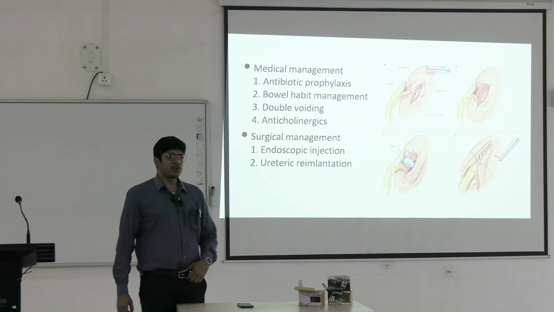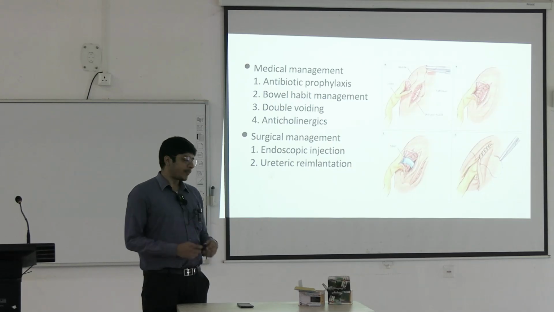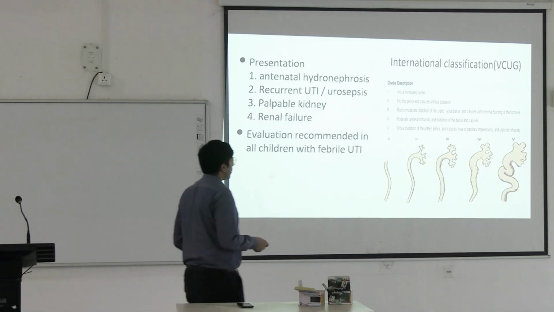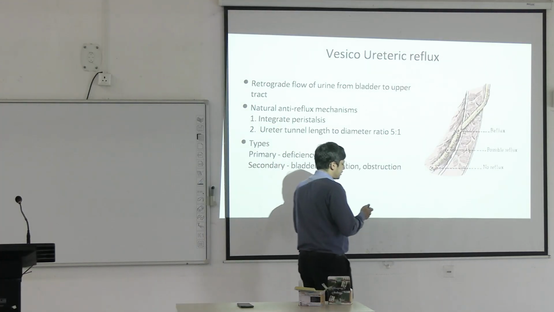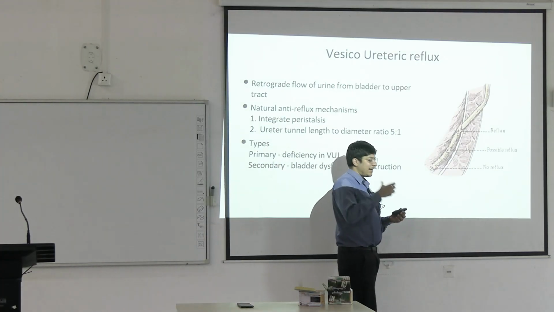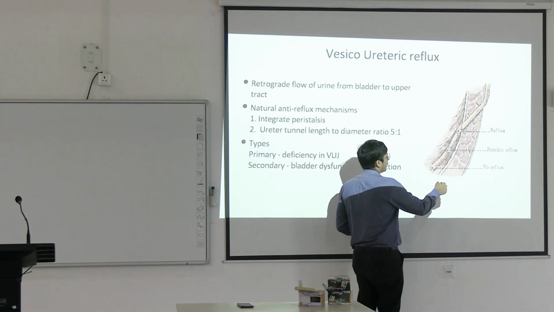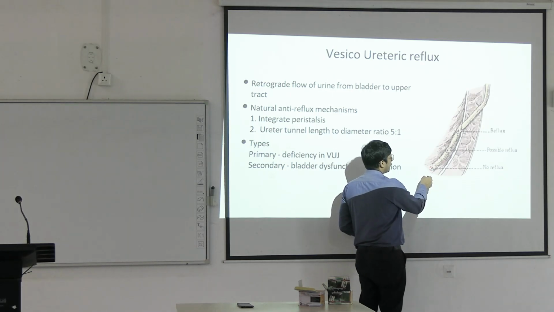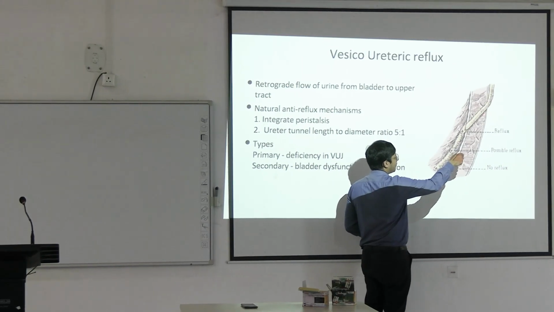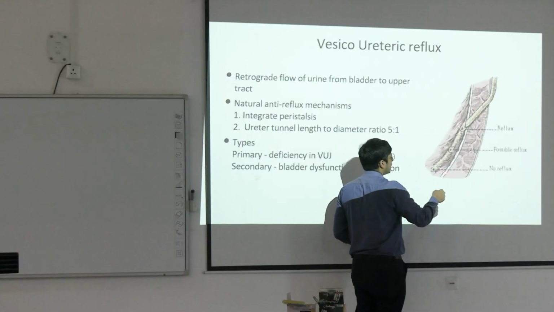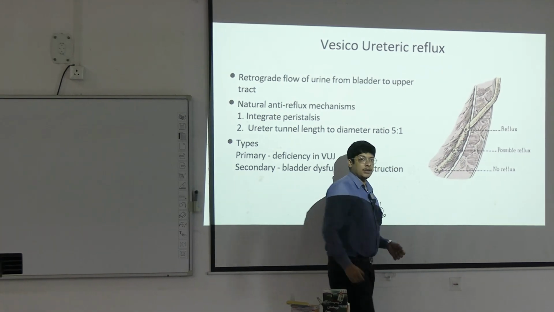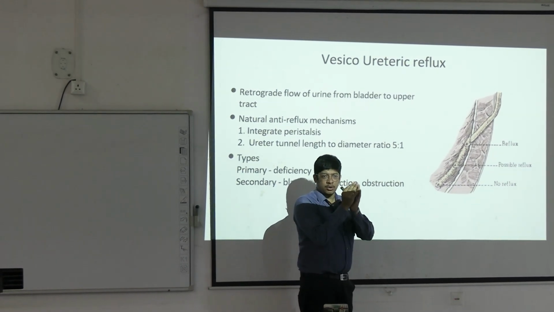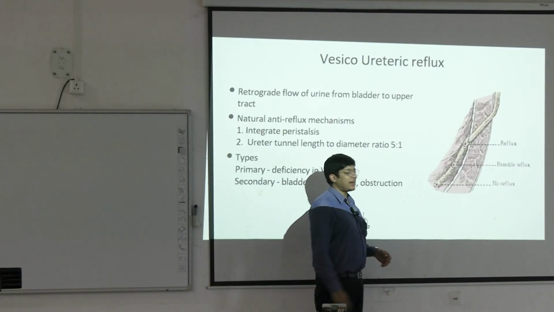This is an endoscopic procedure whereby, if I go back to this picture here, we introduce an injection inside the bladder at a place over here. You see, this is the opening of the ureter and this is the entry of the ureter at the outer bladder wall. This part is important for the coaptation of the ureteral walls, and in VUR that is deficient.